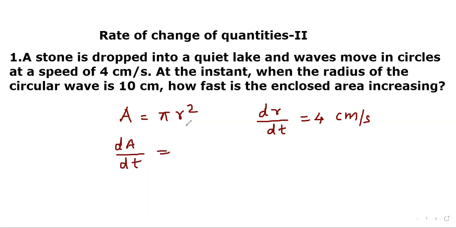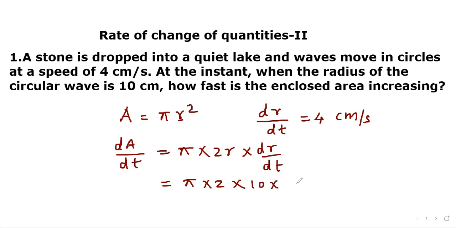If we differentiate pi r squared, we get pi into 2r. Since we are differentiating with respect to t, we have to write dr by dt. Now we put the values: pi into 2 into radius, that is given as 10, into dr upon dt, which is 4.